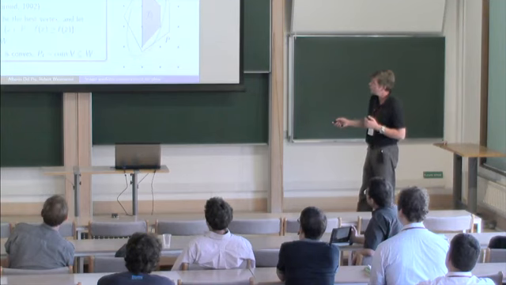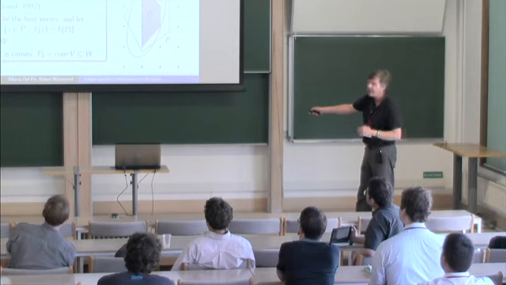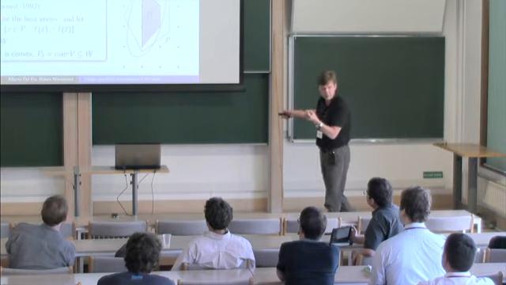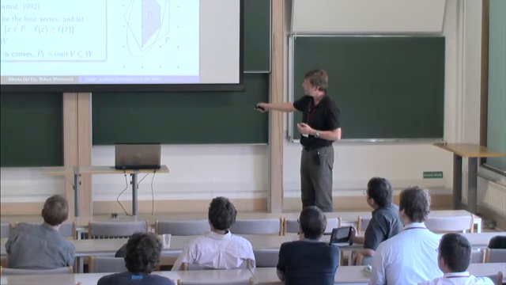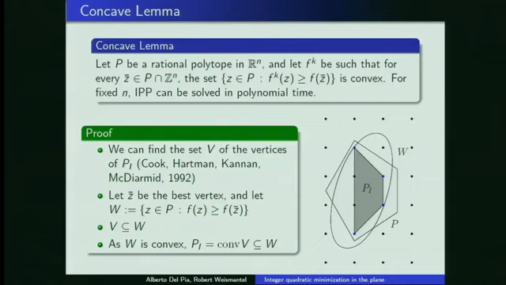So what you can do is take the best vertex, the one that attains the minimum function value, and then you can write down W, which is the set of all z whose objective function value is greater or equal than the given objective function value f of z bar. This is by definition a convex set.